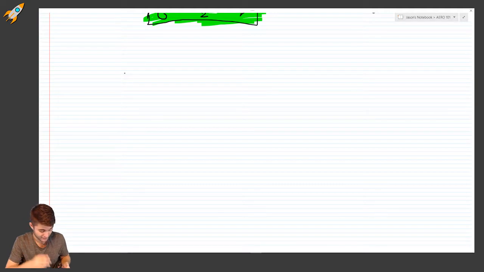But that's important. You need to notice the subtlety there between saying square kilometers and kilometers squared. They're different from each other.